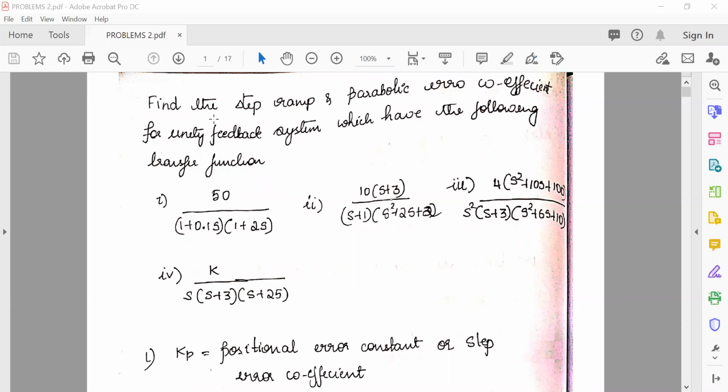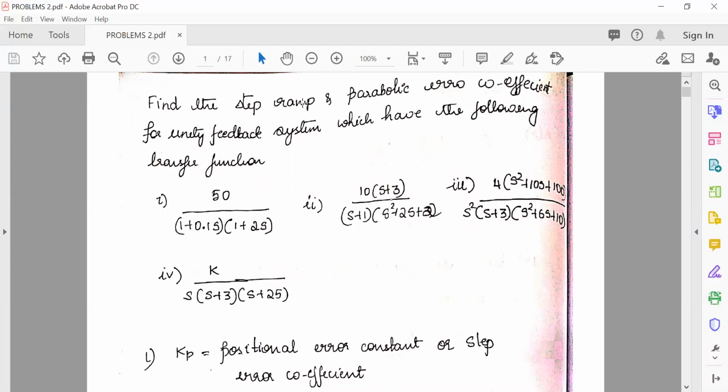In this, find the step, ramp and parabolic error coefficient for a unity feedback system which has the following transfer function. What they are asking here is the step, ramp and parabolic. Step means it is the positional error coefficient or positional error constant.